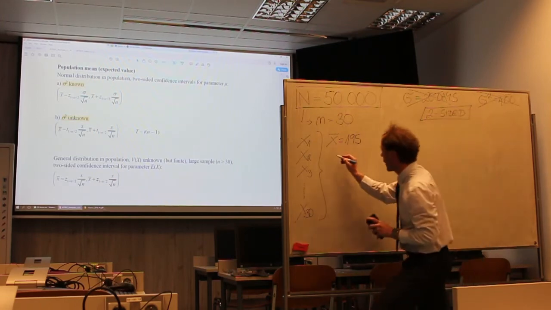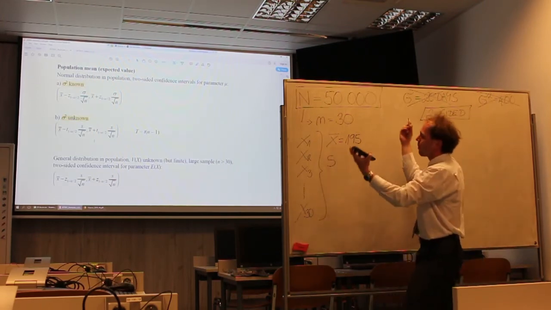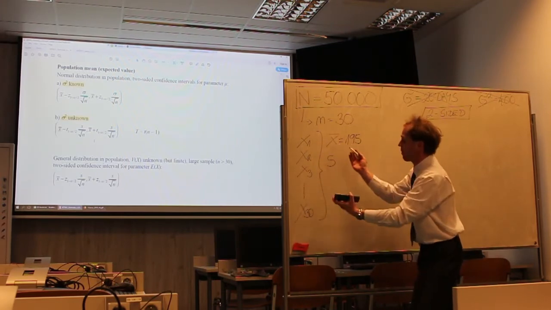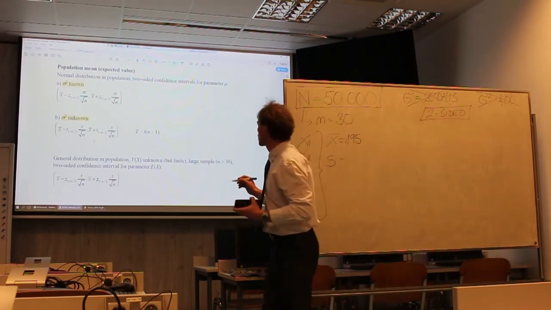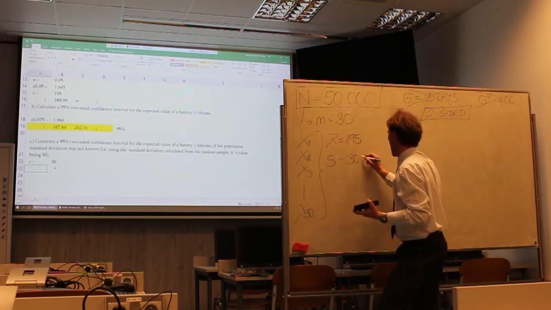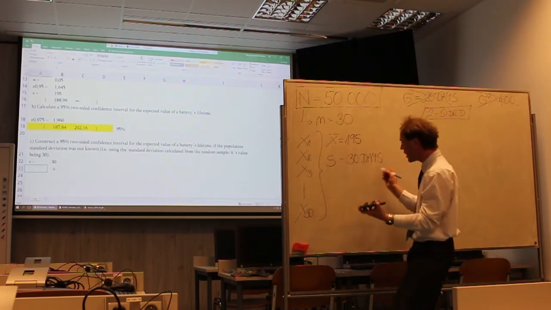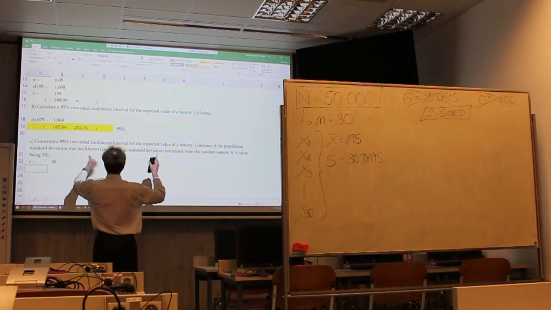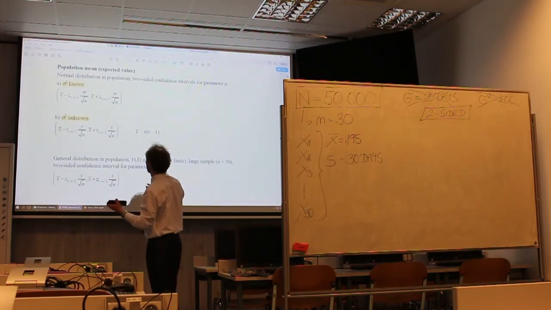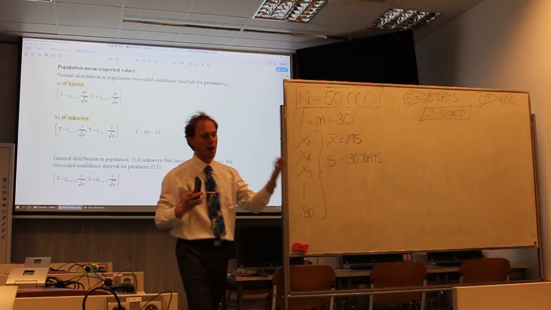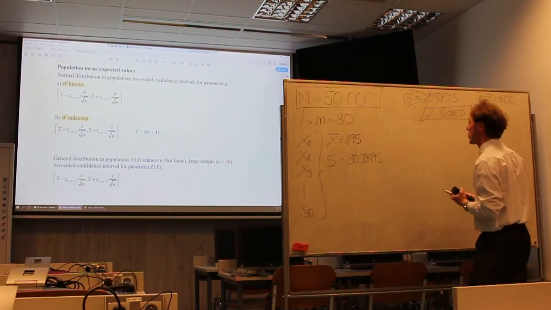We calculated our own sample standard deviation, according to this sample of 30 batteries, and its value is 30 days. So we will check our formulas and rewrite on the whiteboard this formula using student t quantiles instead of standard normal distribution quantiles.